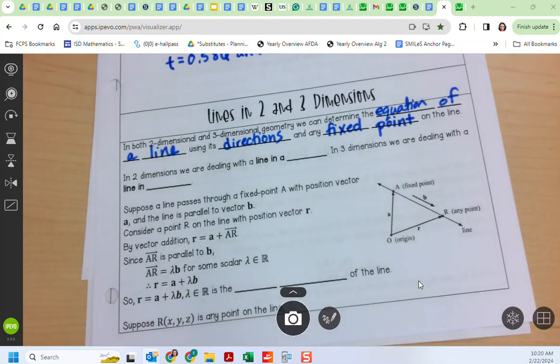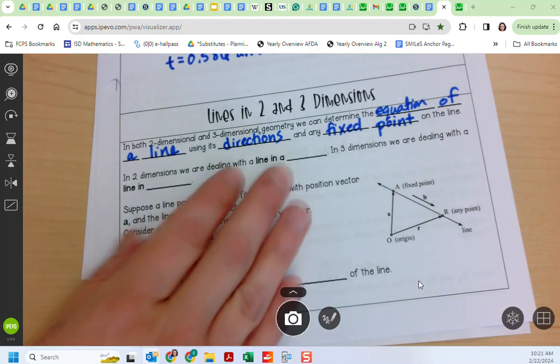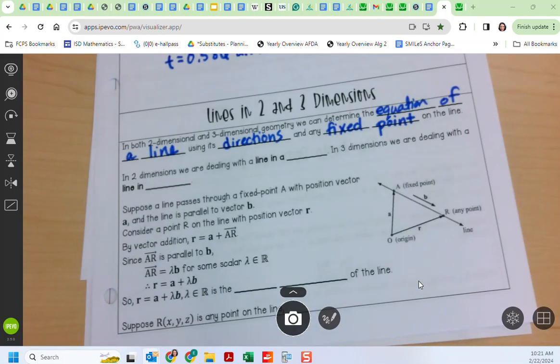That's kind of what we do in like slope-intercept form. When we write y equals mx plus b back in Algebra 1, b was a point. It was your y-intercept. And then m was your directions, because your slope is just saying how much do you go up, how much do you go over. It's the same thing with vectors. It just looks different. And it's saying you can use any point. Like, there's nothing magical about the y-intercept.